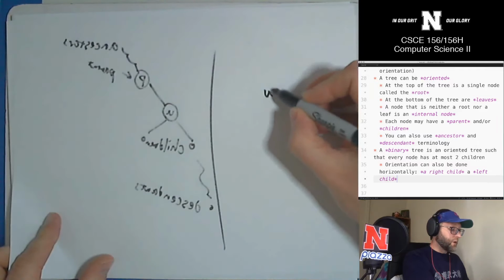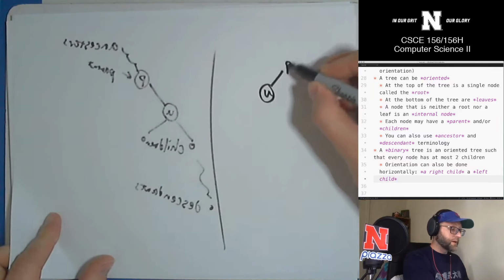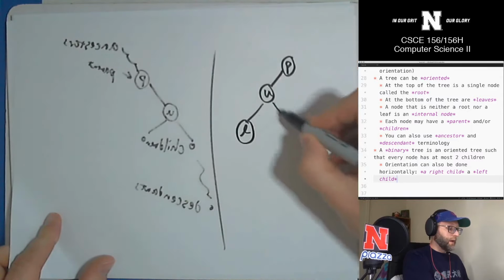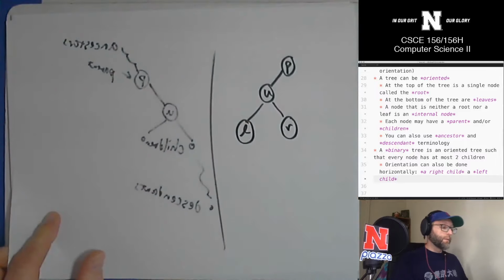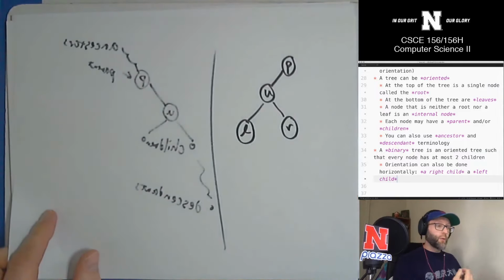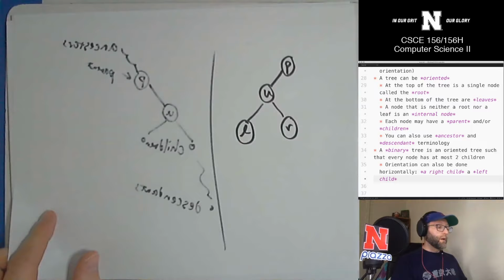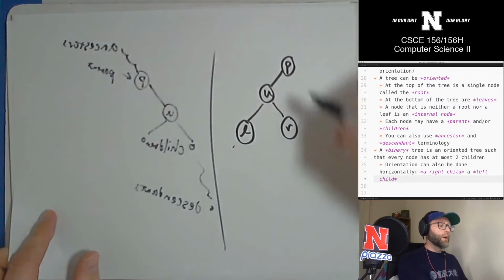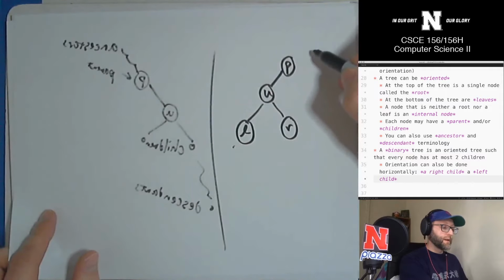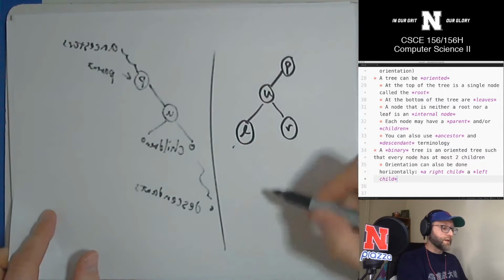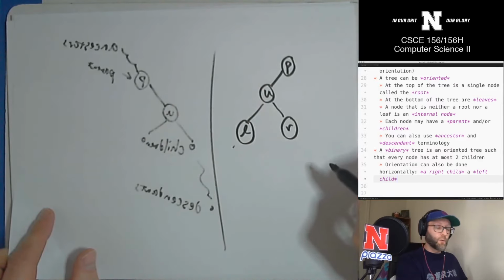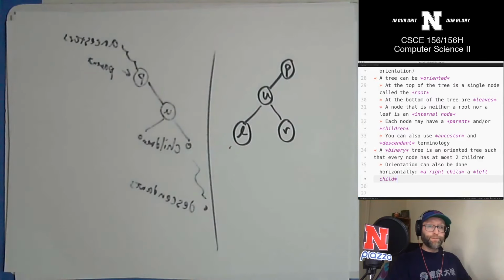We have a node U, potentially its parent, and its left child, L, and its right child, R. The left and right is from our orientation when we're reading it: this is the left side, this is the right side. And of course you've got ancestors and descendants, grandchildren, whatever you want here. So this is a left child and this is a right child.